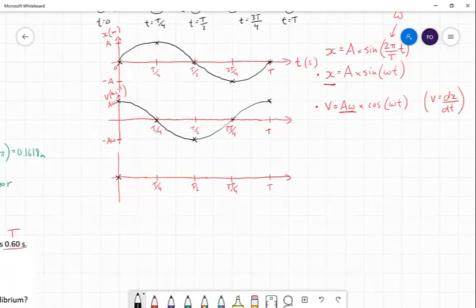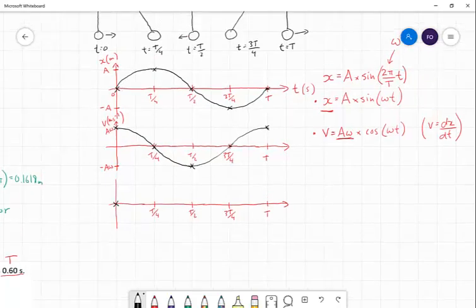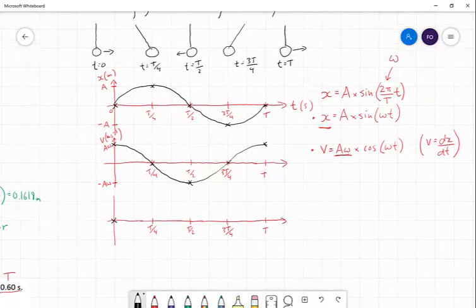Here we see that the velocity is changing very quickly, but in the negative direction. And that corresponds to this position here, where the acceleration is really big and to the left. So we're going to have a big negative acceleration here, then 0, a big positive acceleration there, and then 0. So we can draw this graph too, and it looks like this.